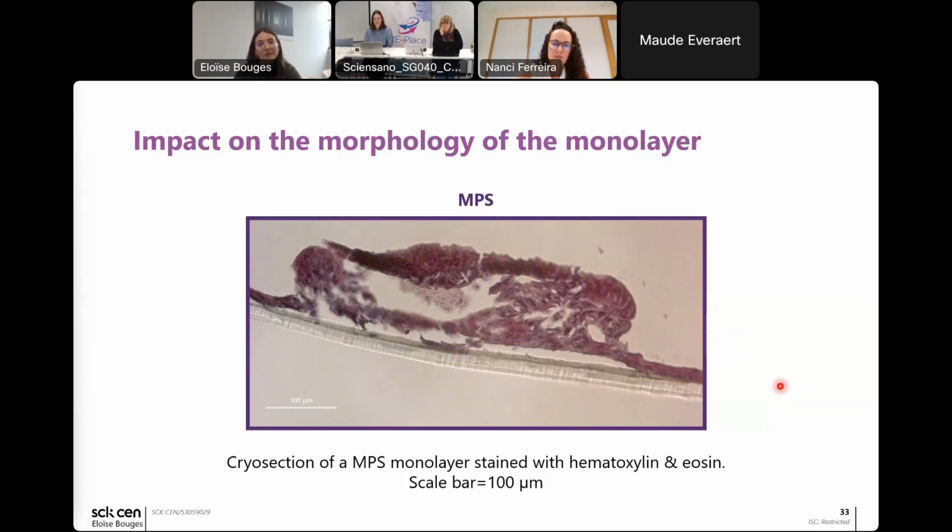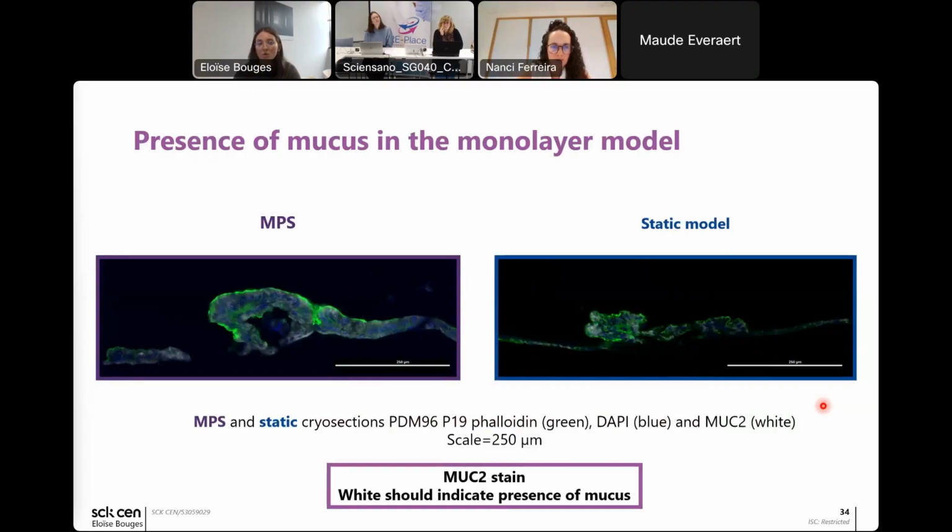Another way to look at the difference that using MPS can make is the mucus. As we're working with colorectal tissues, we know that the different types of cells include goblet cells, and goblet cells produce mucus. So one way to check it is by staining with immunofluorescence, as we did here.